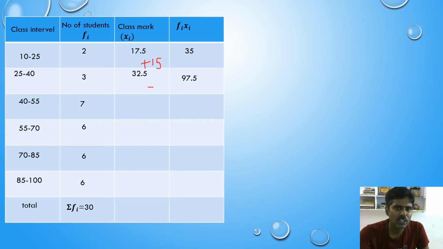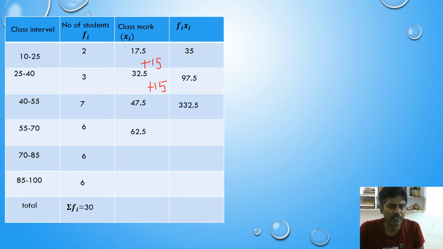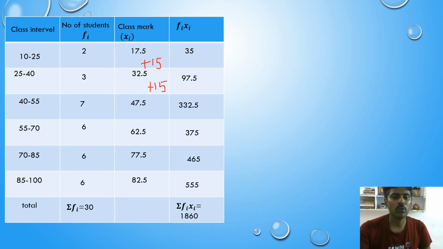Again adding 15 to this class mark I will get the class mark for the next class, that is 47.5. Similarly I will multiply with 7 and I will get 332.5, and the remaining process is also the same. So I got finally fi xi as 555, and I have to find the total sigma fi xi. Adding all those, I will get 1860.